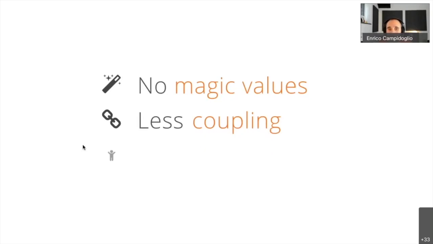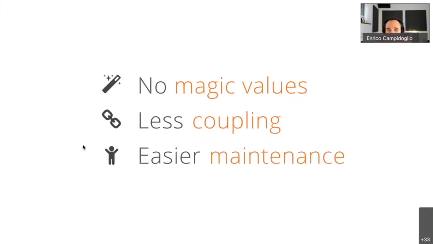The second takeaway is try to minimize the amount of coupling that your tests have on your system under test, because that will give you the freedom to refactor. And having the freedom to refactor means easier maintenance of your code base, which is the ultimate goal that we strive for every day as programmers.